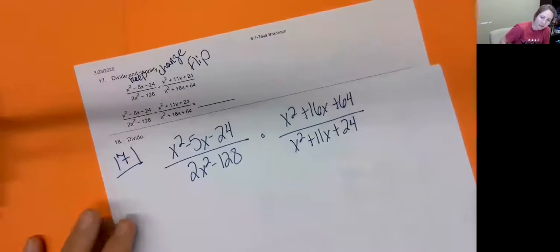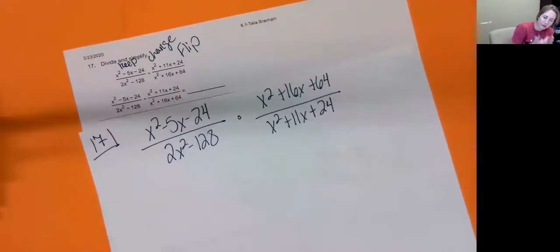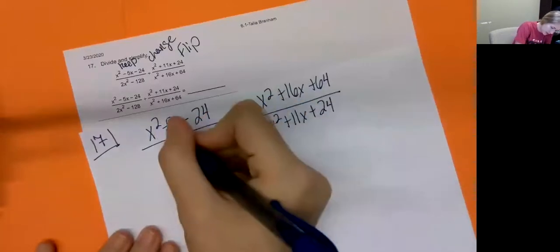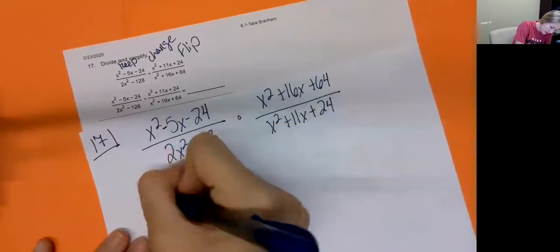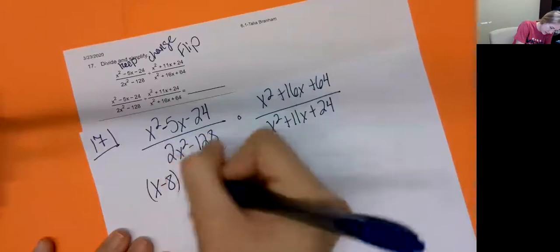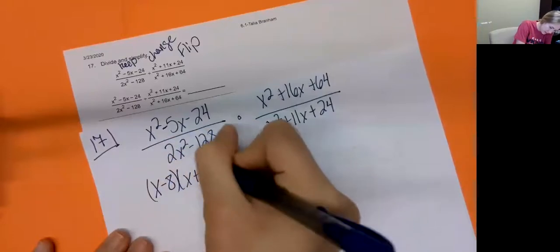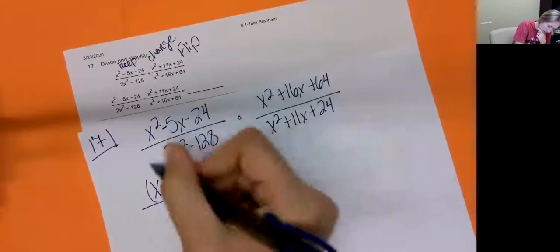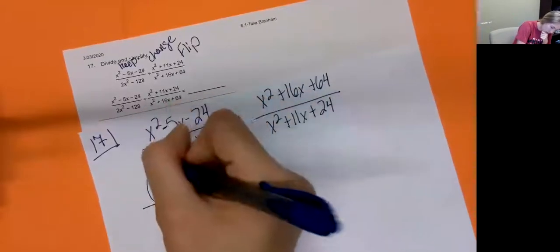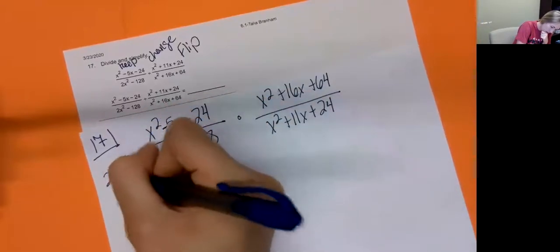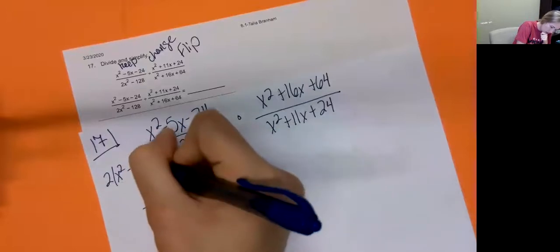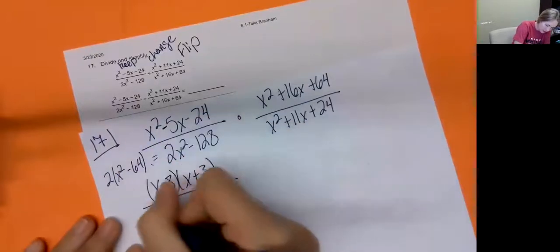All right, factors. So factors of 24 that subtract to get 5 would be 8 and 3, and it'd be negative 8 because of 5, so x subtract 8 times x plus 3 over this. We're going to be able to factor out a 2, and it'd be x squared subtract 64, so that's the difference of 2 squares.